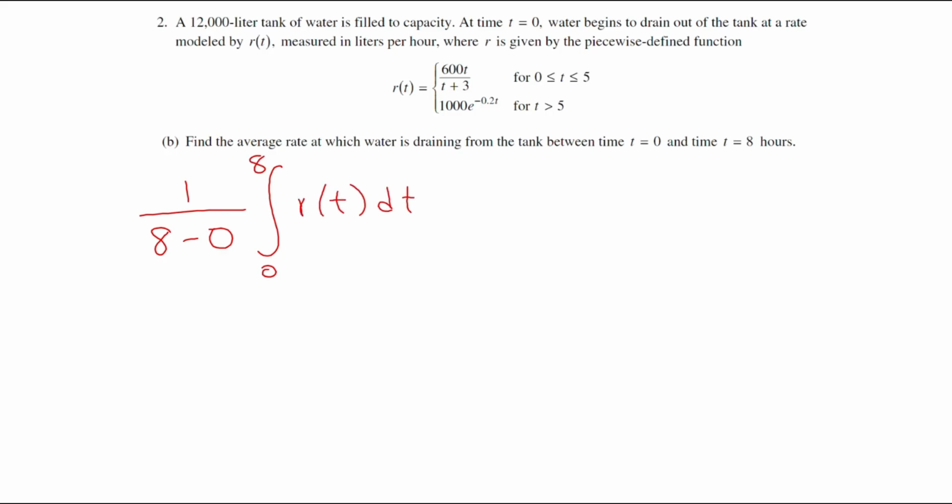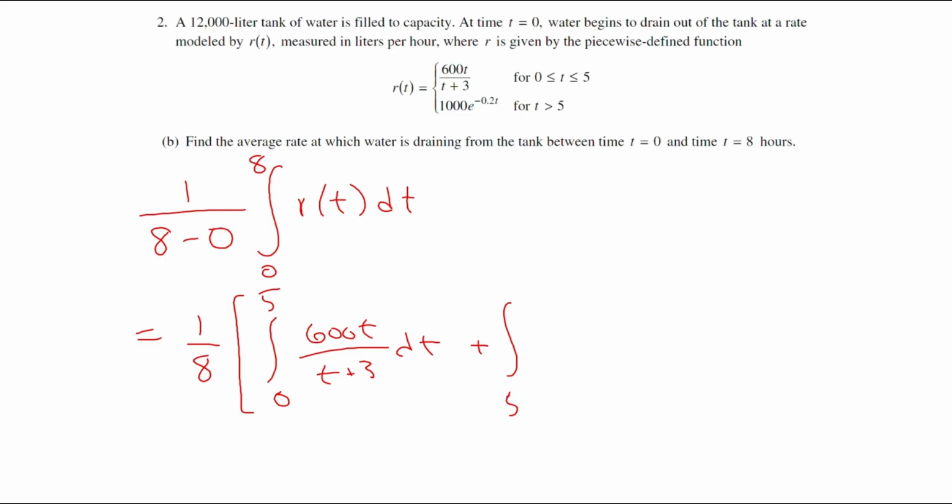Well, in order to find the integral from 0 to 8 of r of t, we need to break this down into 2 separate integrals. One that's the integral from 0 to 5 of 600t over t plus 3 dt, and the other that is from 5 to 8 of 1,000 e to the negative 0.2t dt.